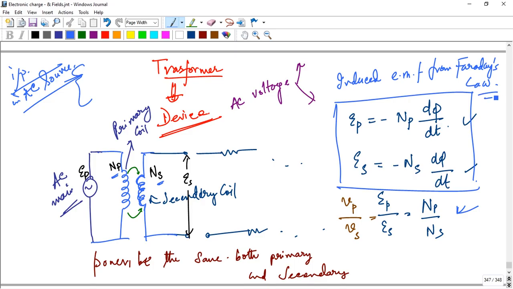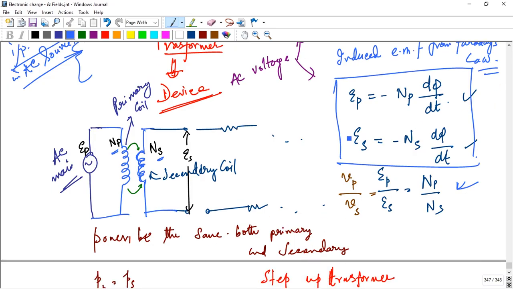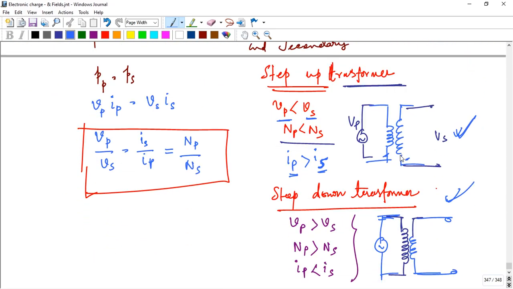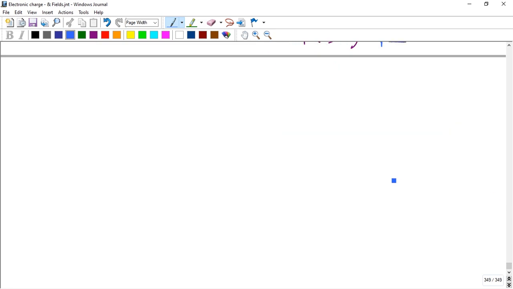Okay, so there are some demerits here, some disadvantages of the transformer. Disadvantage number one: flux leakage.